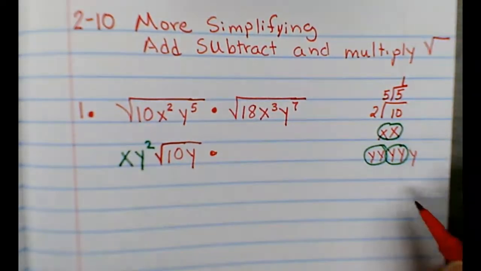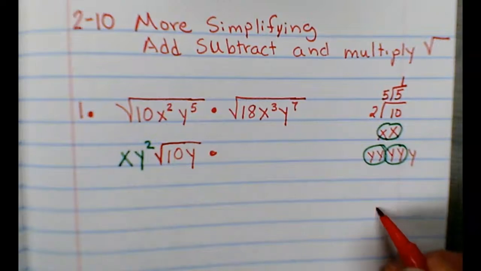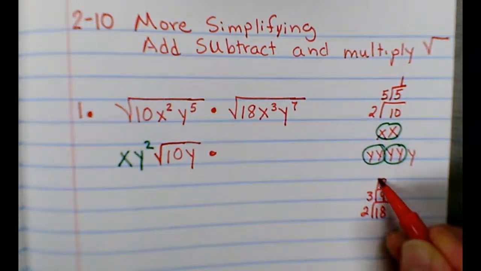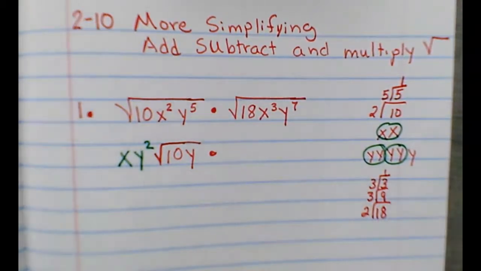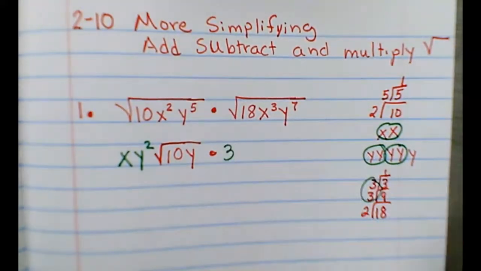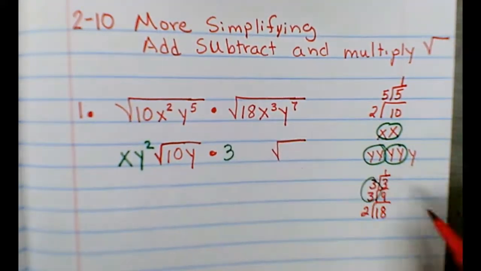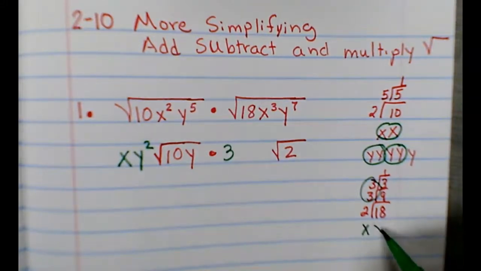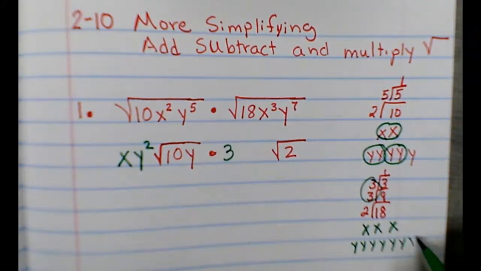Then I'm going to multiply it by the 18. 18 will divide by 2. 9 doesn't divide by 2, it divides by 3. So I have a pair of 3s. Please notice I skipped a little space there. 1, 2, 3 x's, 1, 2, 3, 4, 5, 6, 7 y's.